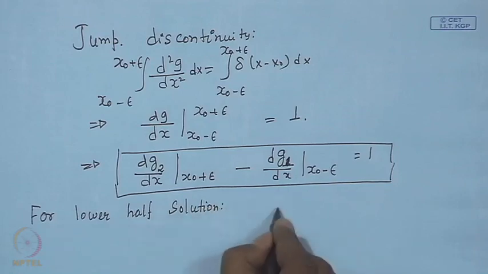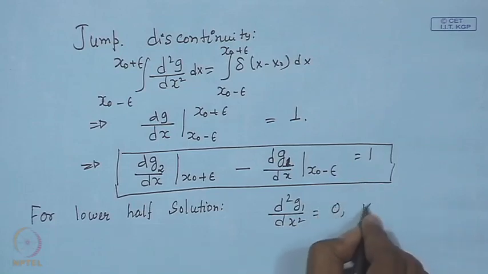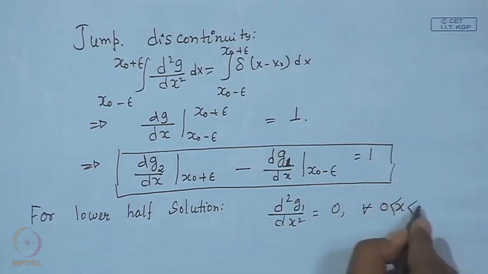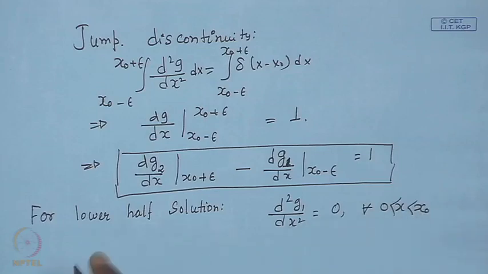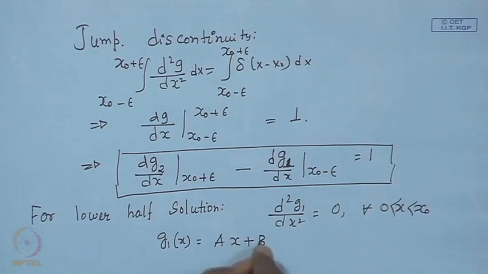We had d square g 1 dx square is equal to 0 for x lying in between 0 and x naught. Therefore, what is the solution of this? Solution is nothing but g 1 = a x plus b.